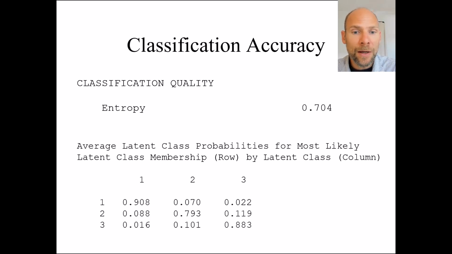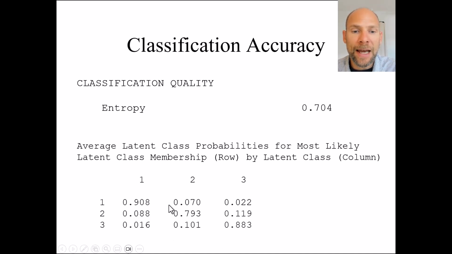So that's good. For class 2, it was a little bit lower, 0.793. So on average, they had only about a 0.8 chance of belonging to this class, and there was some overlap with class 1 and class 3. So the separation here is not as good. Class 3 has a probability average of 0.88, so that's also pretty high, indicating that those individuals were also clearly classified on average. So that's a good way to assess classification quality of your model.